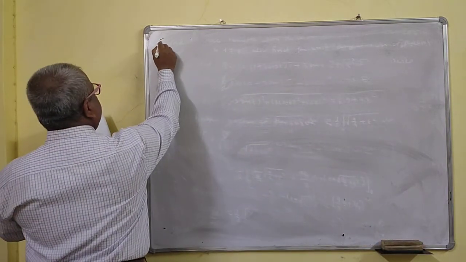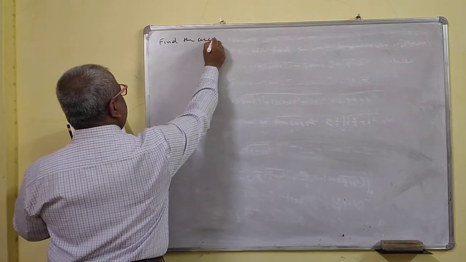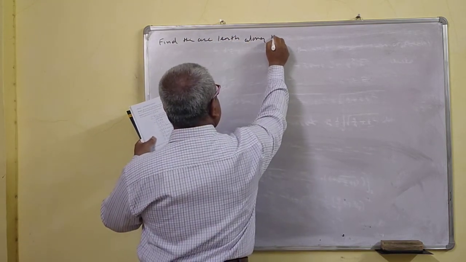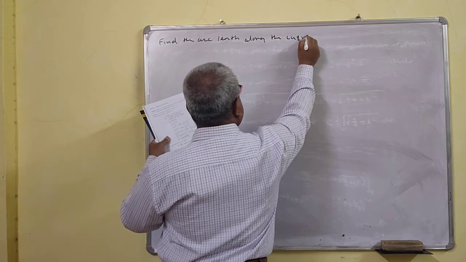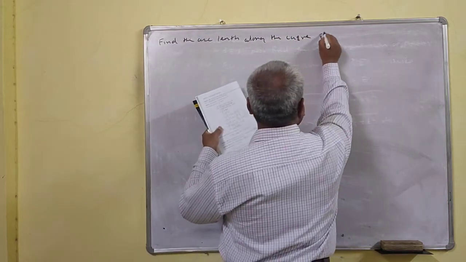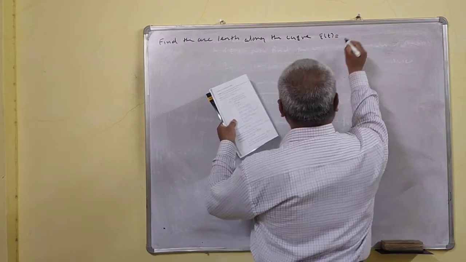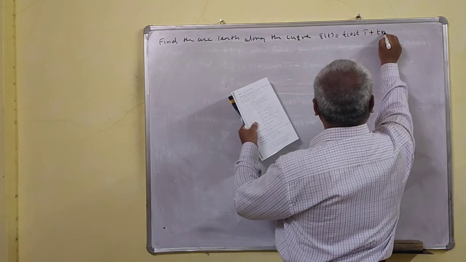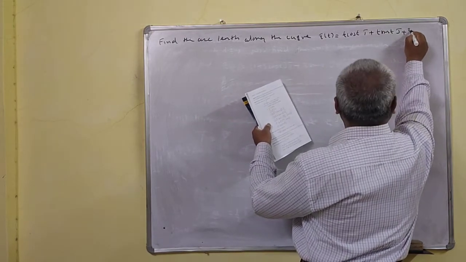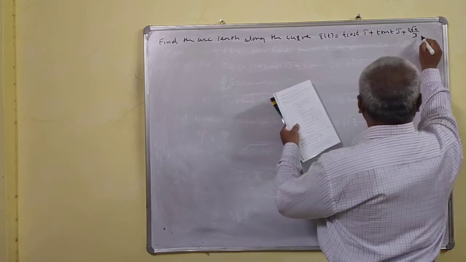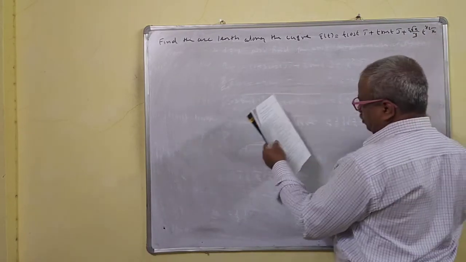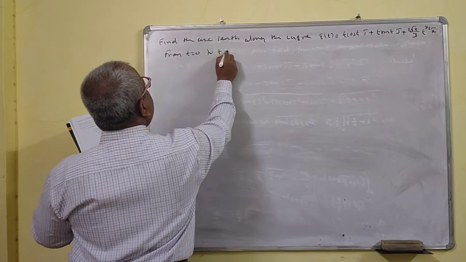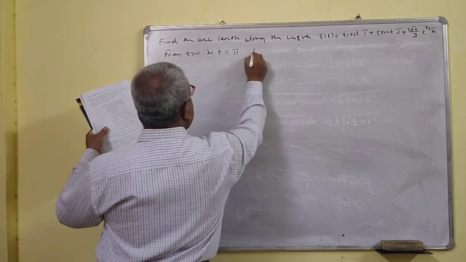Next, find the arc length. Find the arc length along the curve r bar of t is equal to t cos t i bar plus t sin t j bar plus 2 root 2 upon 3 t to the power 3 by 2 k bar, from t is equal to 0 to t is equal to pi.